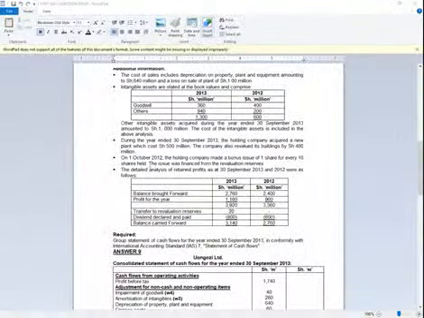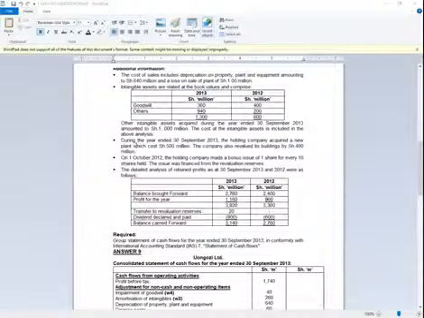What else are they telling us here? Let's check this closely. You have to be very bright whenever you are handling this kind of question. If you're not bright, you'll not be able to get much.